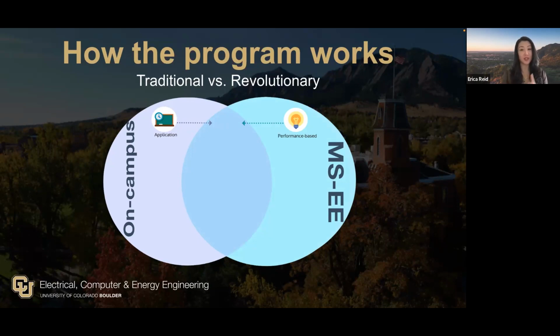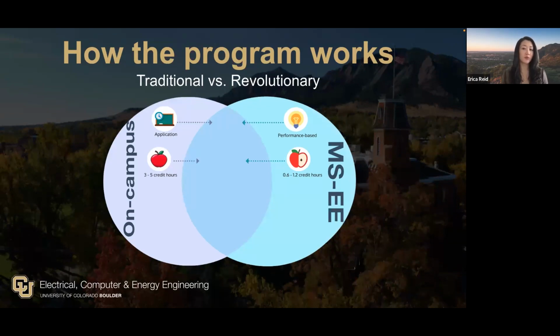All you need to do is prove that you can do the work by completing a series of courses in what we call a pathway specialization with a cumulative GPA of 3.0 or higher, which is a B average. That qualifies you to be admitted to the program as a graduate student at the University of Colorado Boulder.